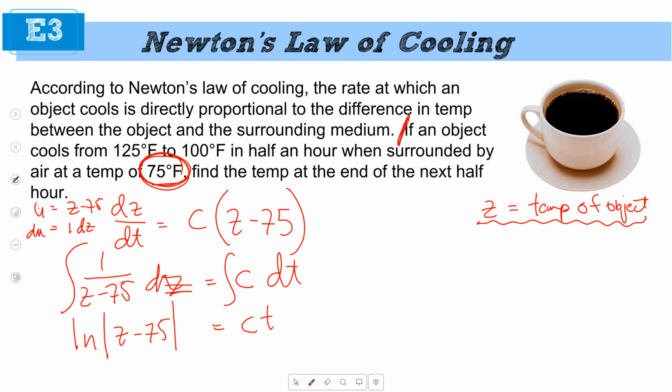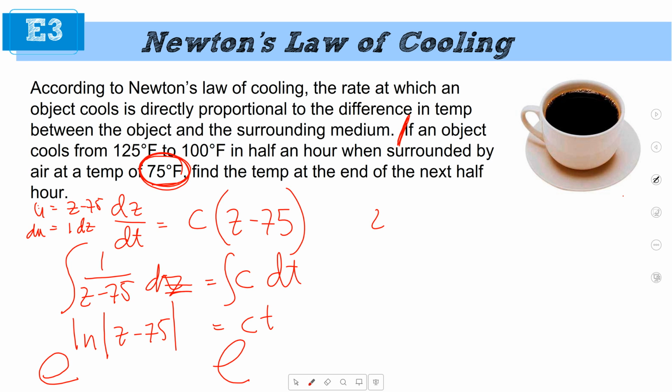Okay, so far? Do the E2 trick. Z minus 75 is equal to e to the ct. I made a mistake.